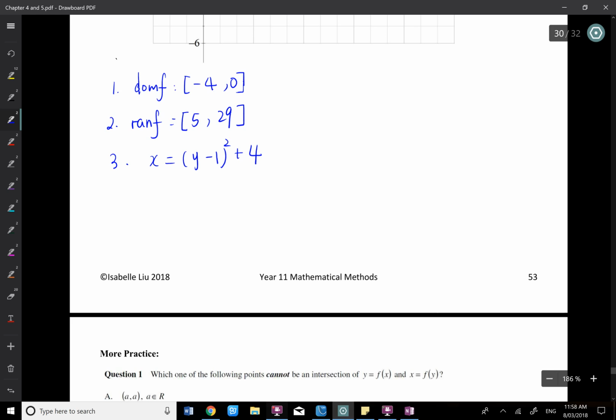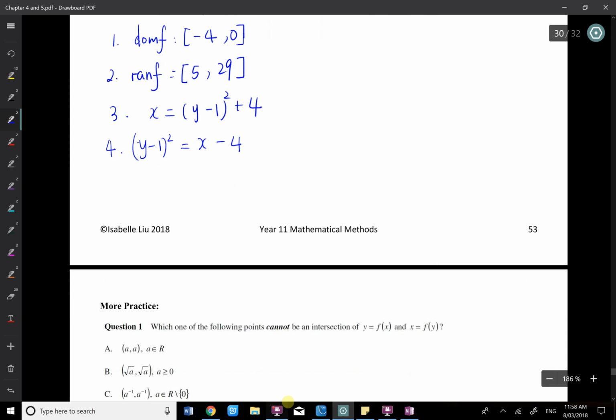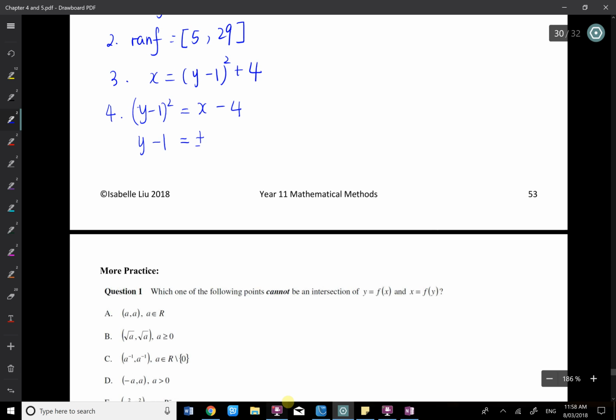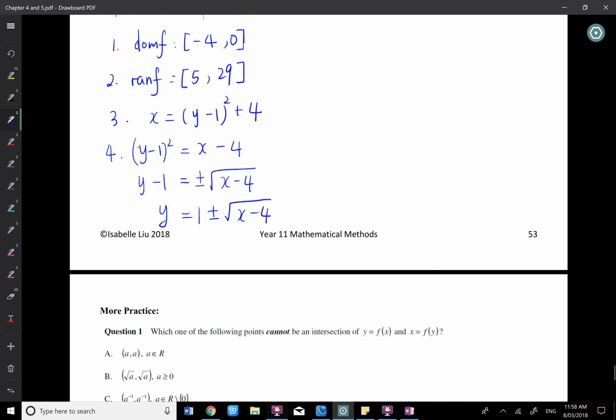And then number 4, we rearrange it. So (y minus 1) squared equals x minus 4. What does y minus 1 equal to? Plus or minus the square root of x minus 4. Therefore y will be 1 plus or minus the square root of x minus 4. Again, it can't be plus or minus. I need to decide which one I want to take, but we leave it here first.